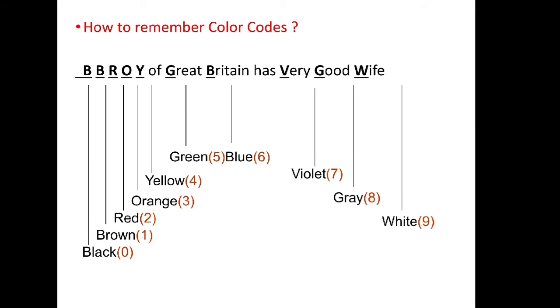So B.B. Roy of Great Britain has a very good wife. You can remember the numbers of the colors in the order 0, 1, 2, 3, 4, 5, 6, 7, 8 and 9.